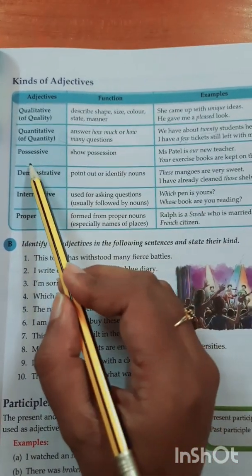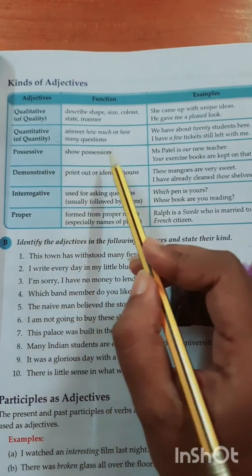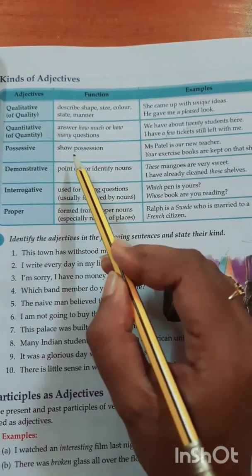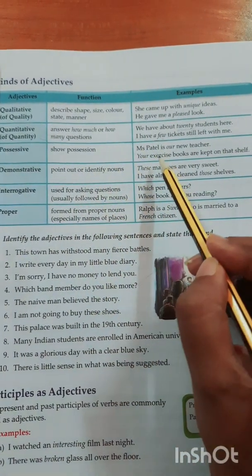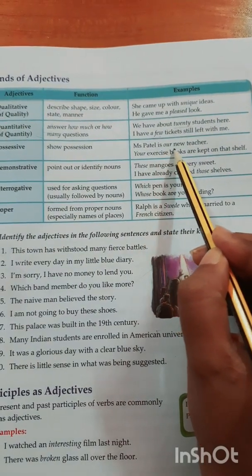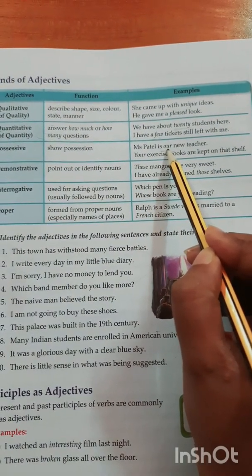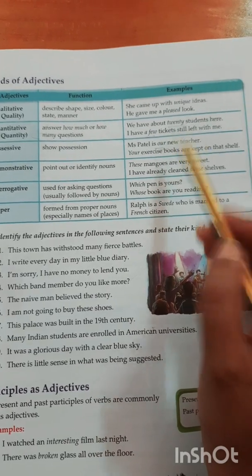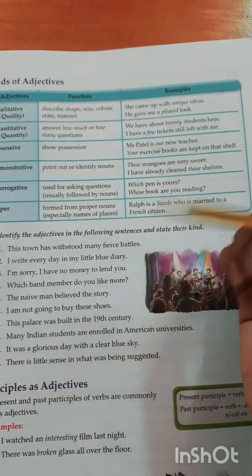Now the third one, possessive adjectives. Here it shows possession. For example, Miss Patel is our new teacher. He is my dad. It is my pencil. This is possessive.